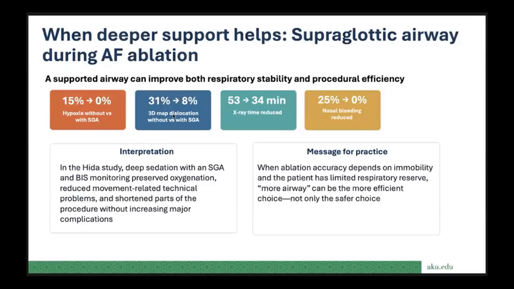When a supraglottic airway was used during deep sedation for this ablation, hypoxia fell from 15% to 0%. Map dislocation decreased from 31% to 8%, and procedure-related time also improved. That suggests a supported airway may reduce the repeated interruptions, patient movement, and rescue maneuvers.